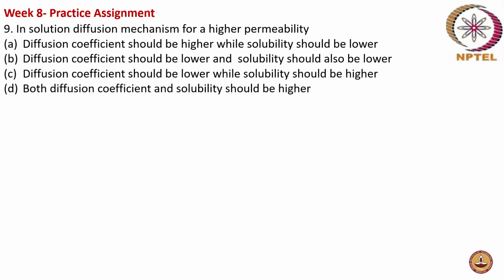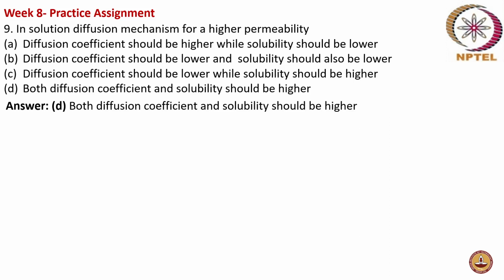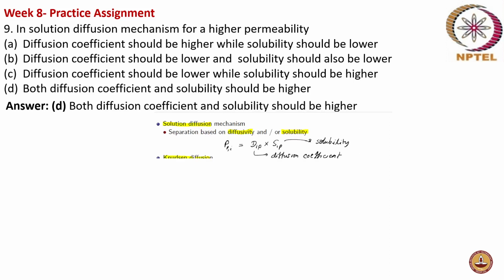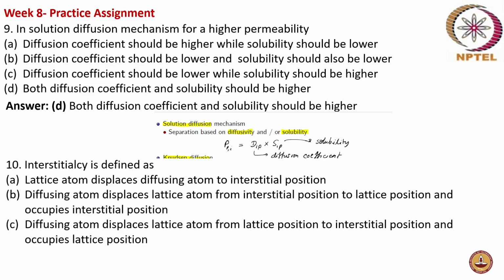Yes, you are right. It has to diffuse, and the diffusion coefficient should also be higher, and the solubility of the material should also be higher. Okay, this is the relation. So permeability is kind of the product of your diffusion coefficient and solubility. Okay, now let's go on to the next question.